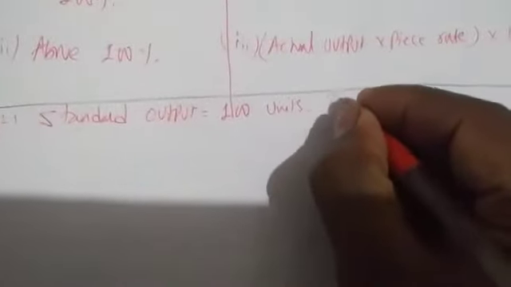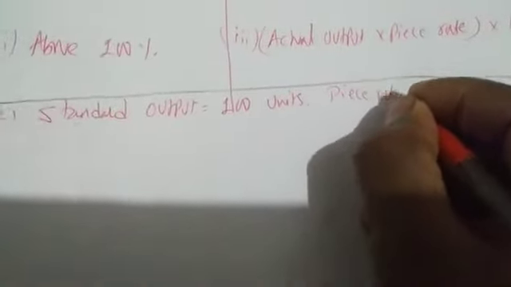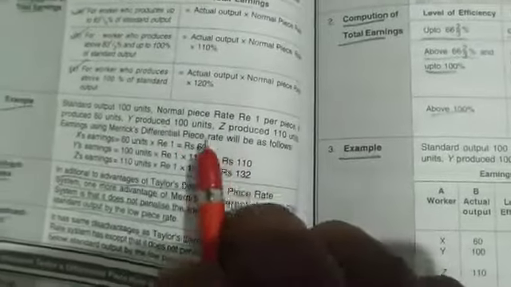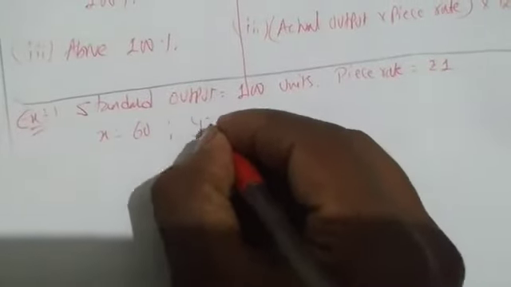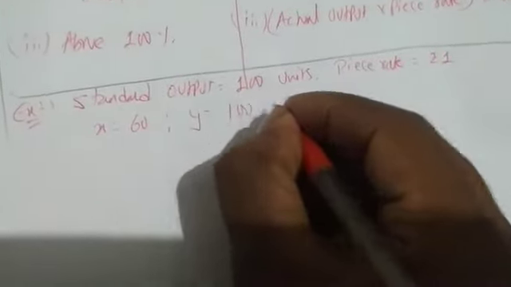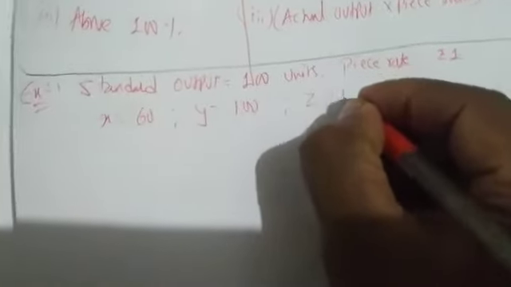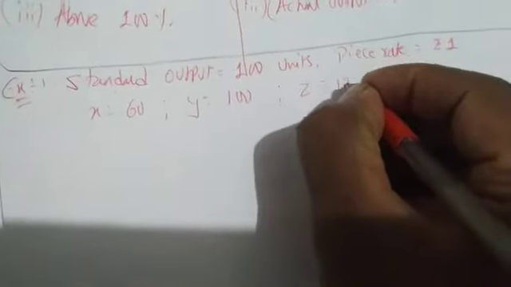Normal piece rate is ₹1. Next, X is producing how many units? X produces 60. Y produces 100 units. And Z is producing 110 units. Okay, so we have to find out the differential piece rate system.